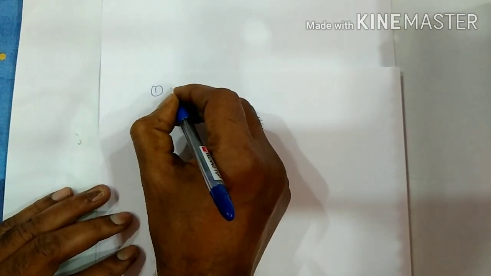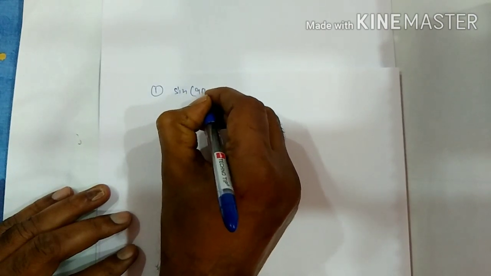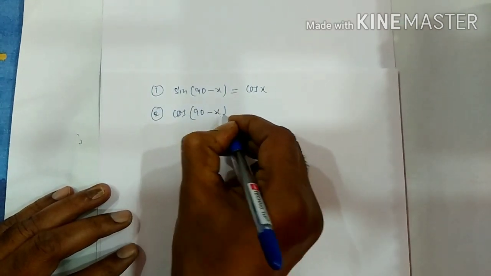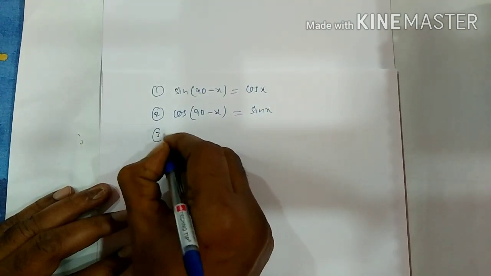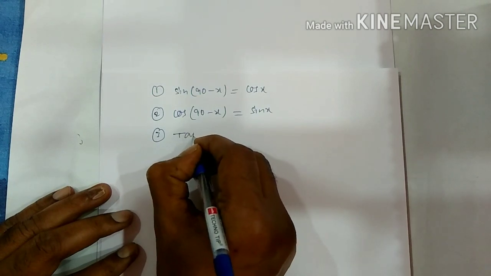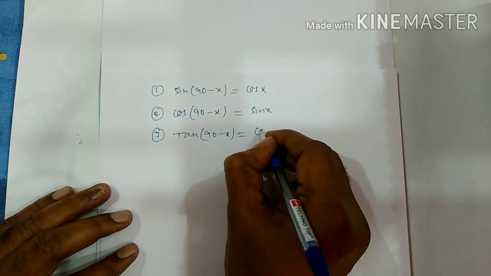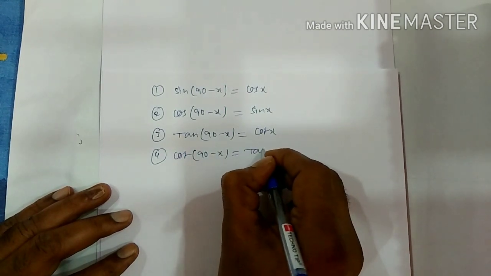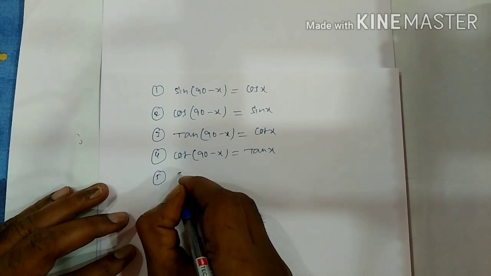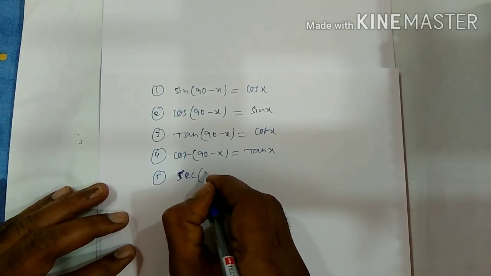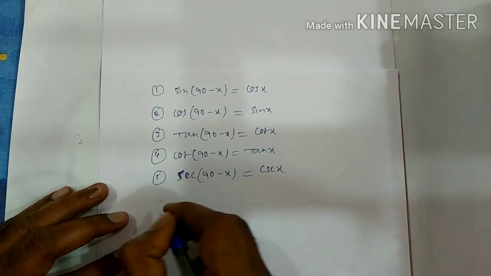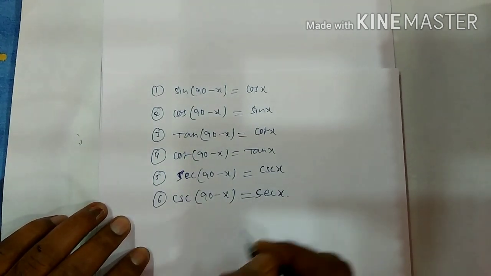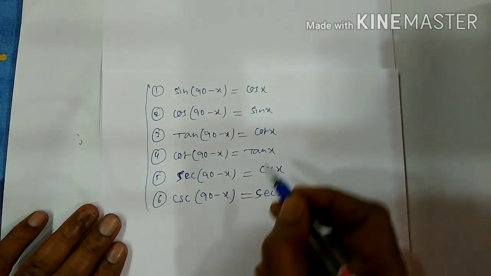First, complementary angles formula: sin 90 minus X is equal to cos X. Second, cos 90 minus X is equal to sin X. Third, tan 90 minus X is equal to cot X. Fourth, cot 90 minus X is equal to tan X. Fifth, secant 90 minus X is equal to cosecant X. Sixth, cosecant 90 minus X is equal to secant X. So by this you can recognize it.